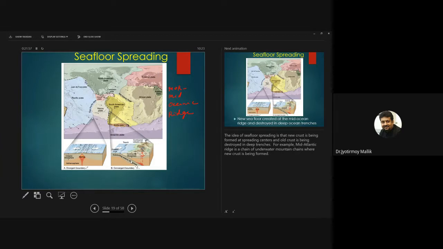It's the same name. So this is also called a convergent plate boundary. It's written here. It is also called a trench, or it is also called a subduction zone.